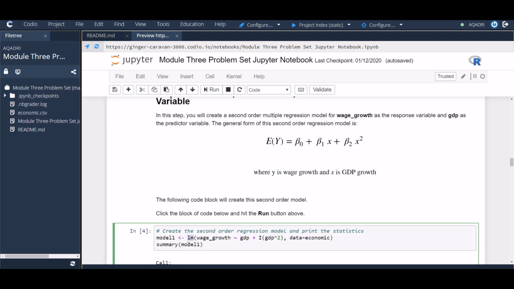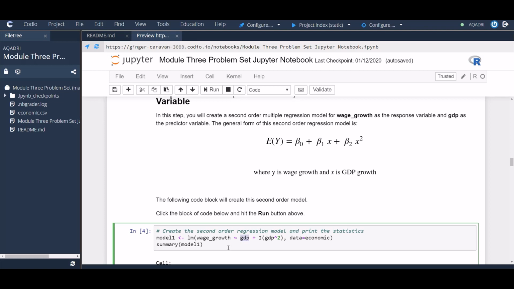The LM function will work. And in this function, you will notice again we have the response variable wage growth and then the tilde sign just like before. Then we have our first predictor, that is GDP, and I'm including the first order term here. This GDP is the variable name. This is the first order term that's shown here.